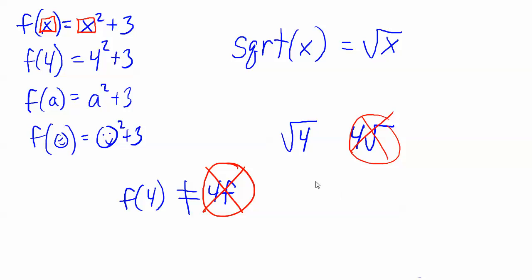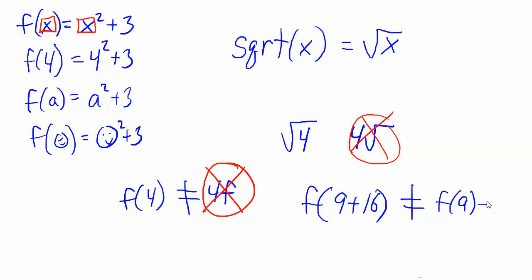In the same vein, we can't distribute a function. If we have something like f of 9 plus 16, we cannot write that as f of 9 plus f of 16. Again, this is not a variable that's multiplying, so we cannot distribute it.